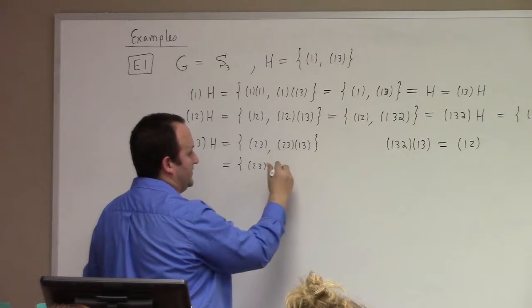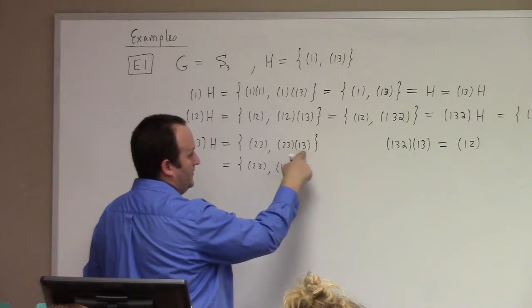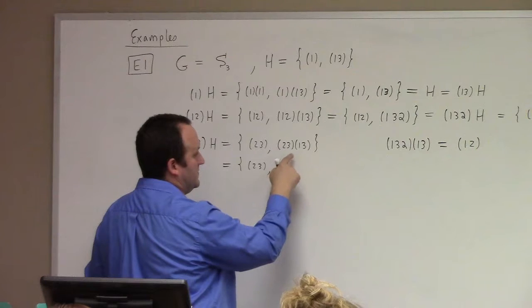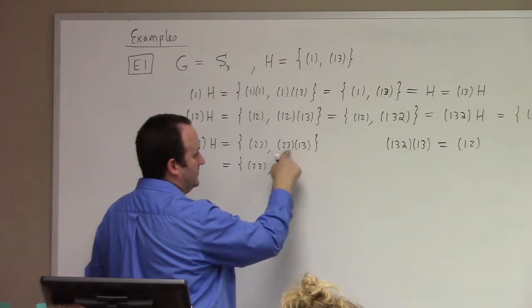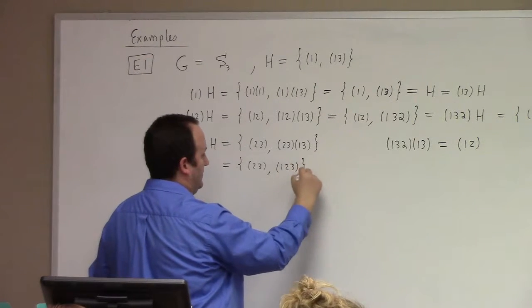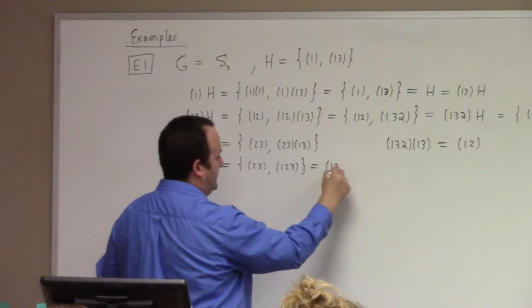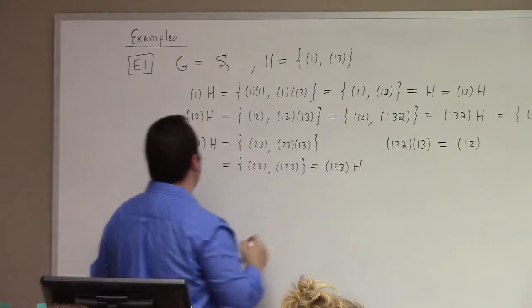Let's see here. 1 goes to 3. 3 goes to 2. And then where's 2 go? 3. All right. And a short calculation will show that this is also (1 2 3) acting on H.